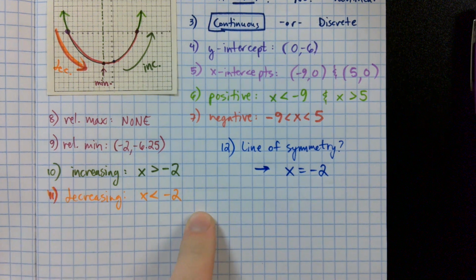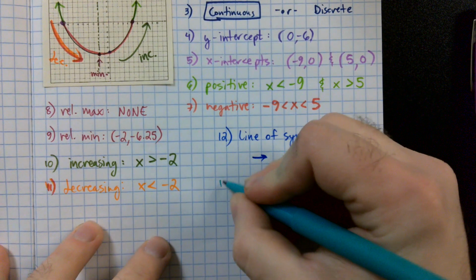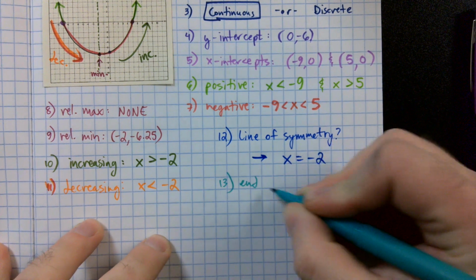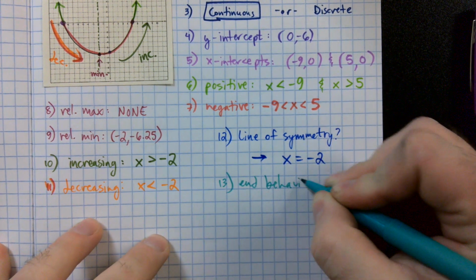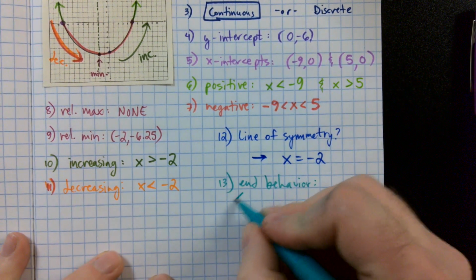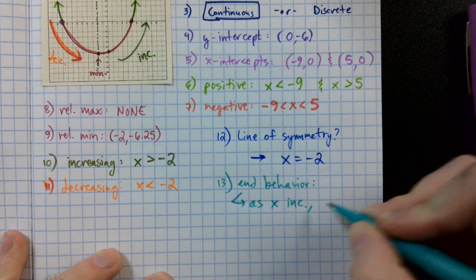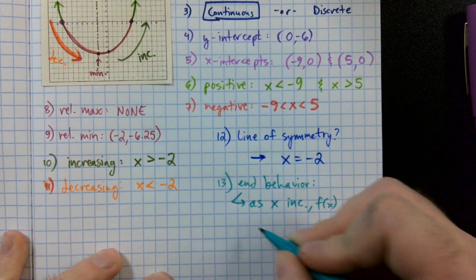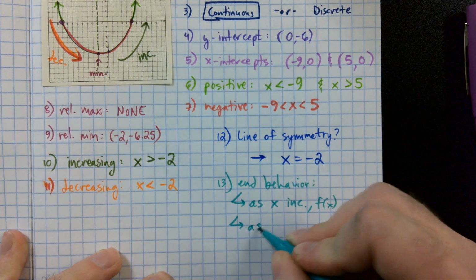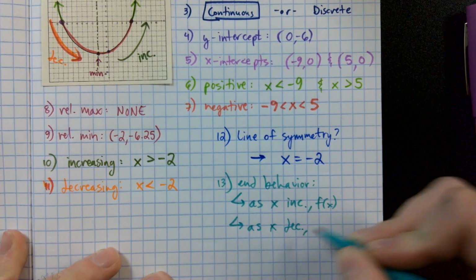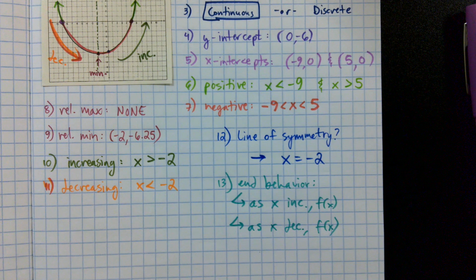What else? Oh yeah, end behavior too. Let's do that. Number 13. End behavior. As x increases, f of x does something. And as x decreases, f of x does something there too.